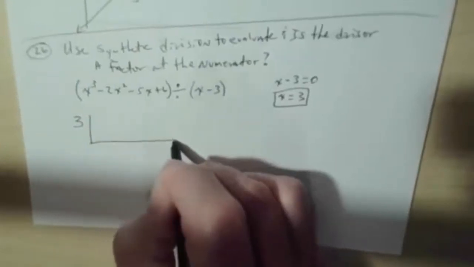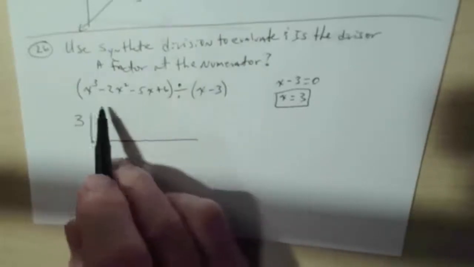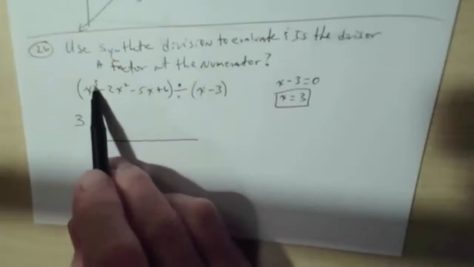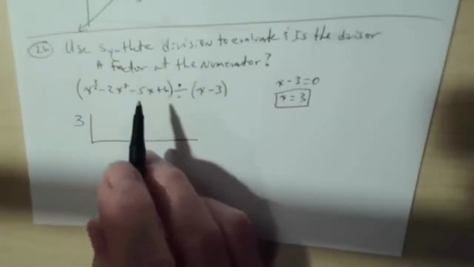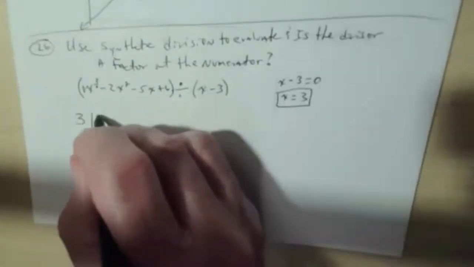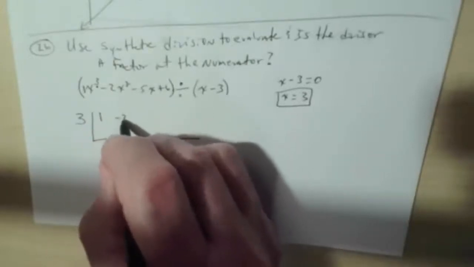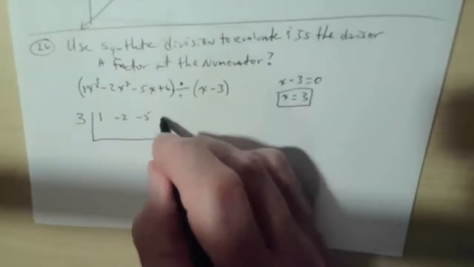And we take the coefficients of all these and be sure that we have all of the factors. It's cubed, squared, to the first power, and a constant. So we're good. The coefficient here is 1, so we put that here. The coefficient here is -2, this one -5, and we put the constant 6.